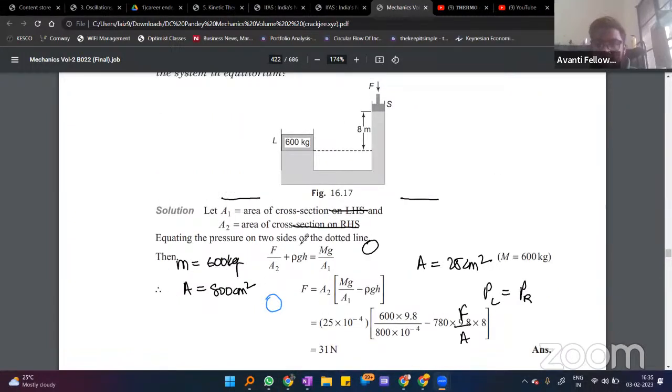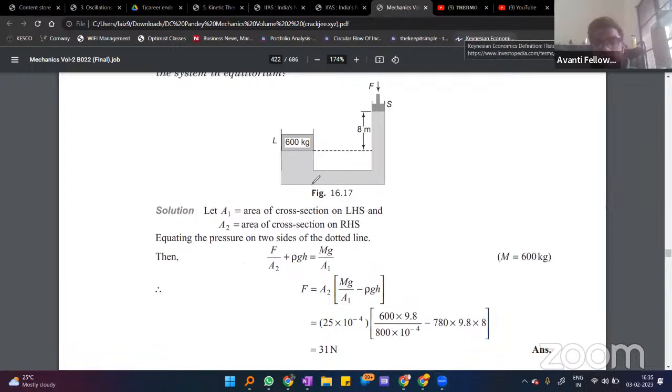See, pressure on the left should be equal to pressure on the right, right? So pressure on the left is equal to F by A2 plus rho gh, and on the right it is equal to mg by A1. Let me just clear it. Yeah, let me write it down.